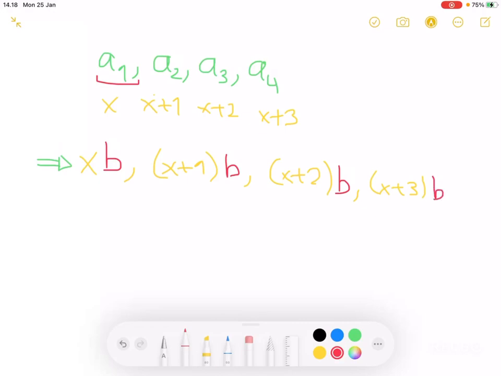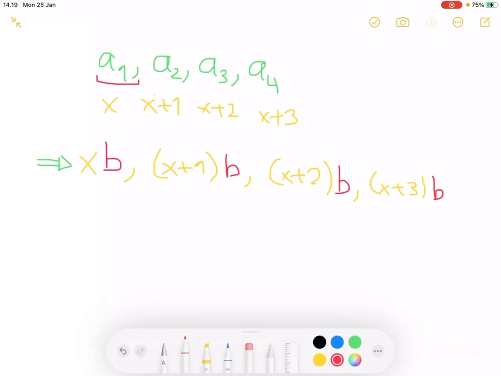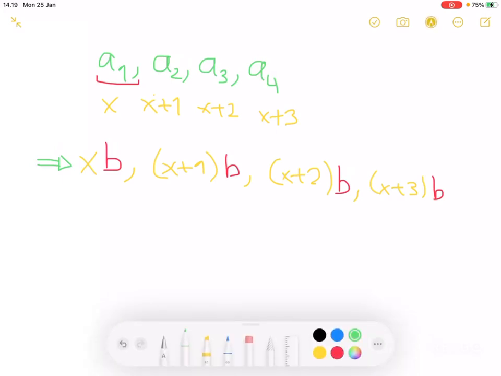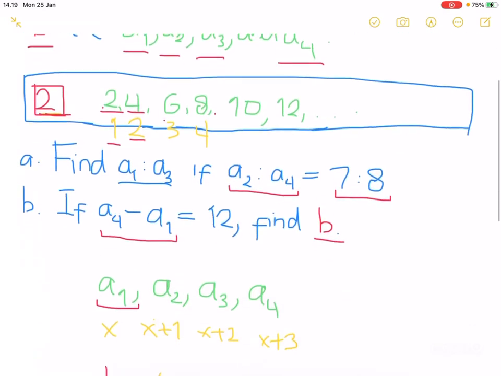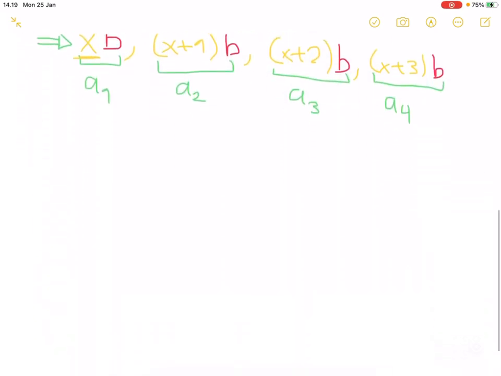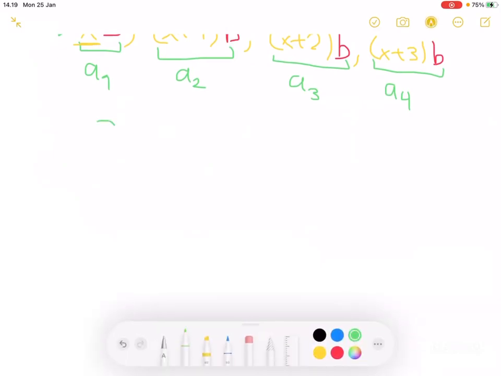Alright, and notice this term right here is a1, this term is a2, this term is a3, and this term is a4. Now we can solve for x given that a2 to a4 is 7 to 8. We can rewrite this in fraction form: a2 over a4 is equal to 7 over 8.